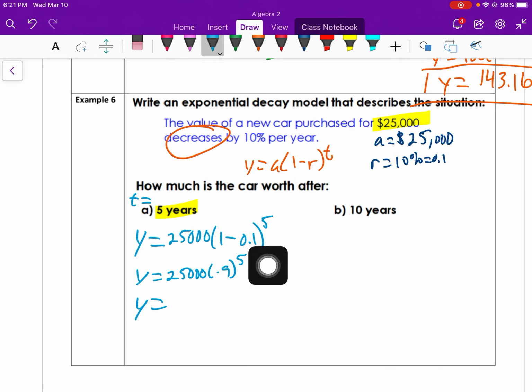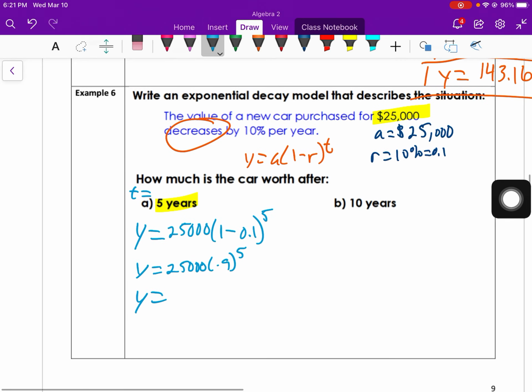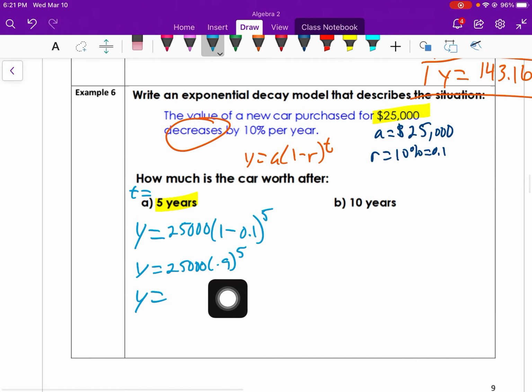Again, we take our exponent first, so 0.9 to the fifth. And then the product of that would be 25,000 times that, which is 14,762.25. Again, since it's in terms of dollars, we do want 2 decimal places, so the context matters.